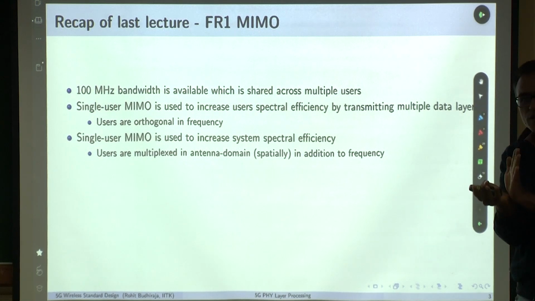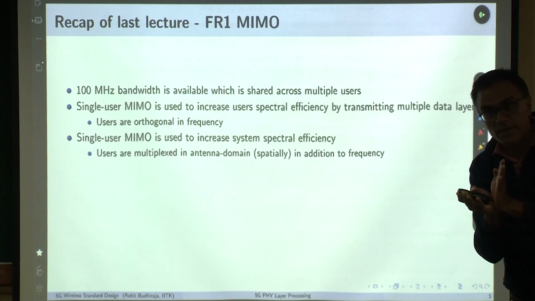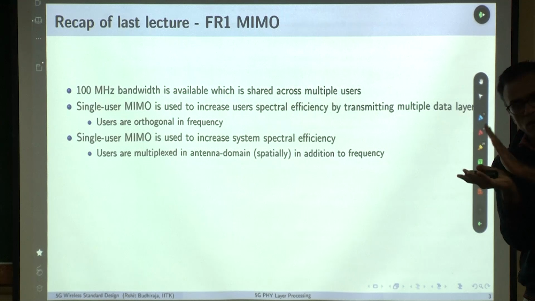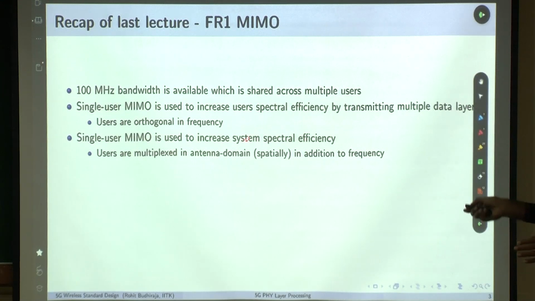That's multi-user MIMO. Users are spatially multiplexed. Now you are multiplexing them not in frequency, but in the spatial or precoding domain. This is used to increase the system spectral efficiency because you are able to support multiple users on the same PRB.